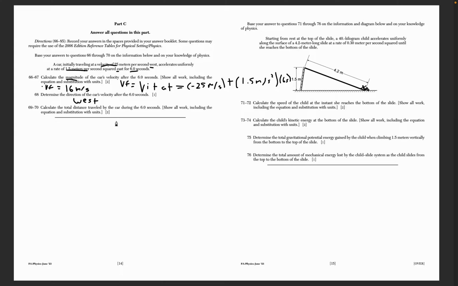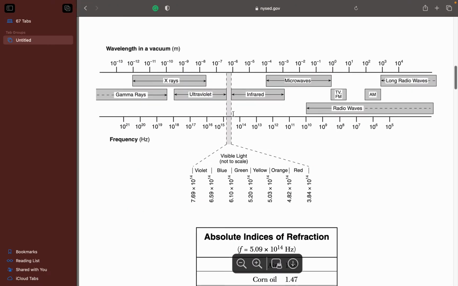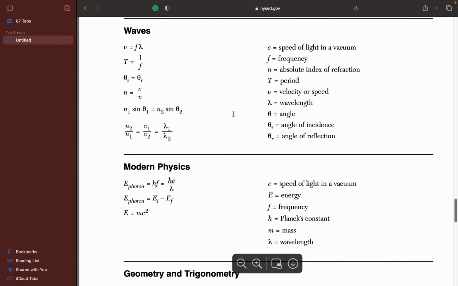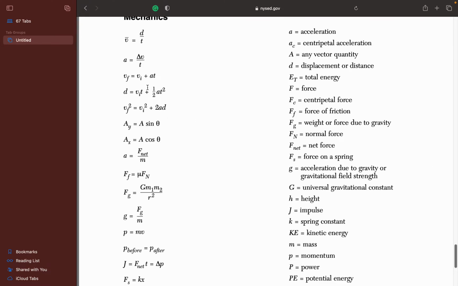Calculate the total distance traveled by the car during the 6 seconds. So, what formula could we use? Let's see, go back to a distance formula. So we could use this, or we could use this.